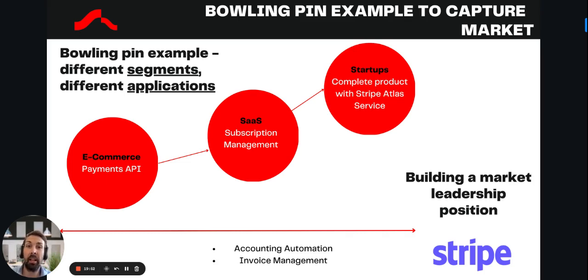So they say, okay, let's help new companies incorporate so we can get more clients, not only through the new service that they were creating, but through the subscription management and through the other different revenue models that we have and the other different products or offerings that we have, right? So they create, and we call it complete the product. They completed the product for startups with Stripe Atlas, completing the product with an extra service.